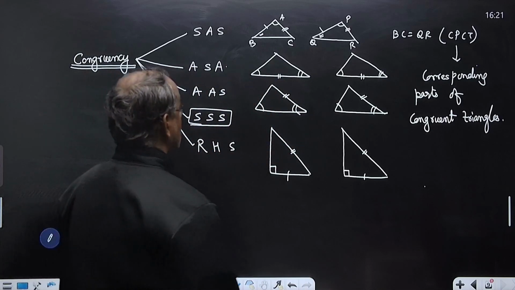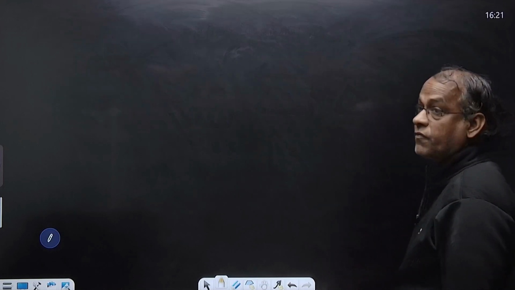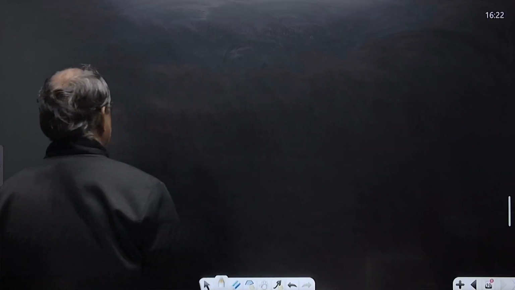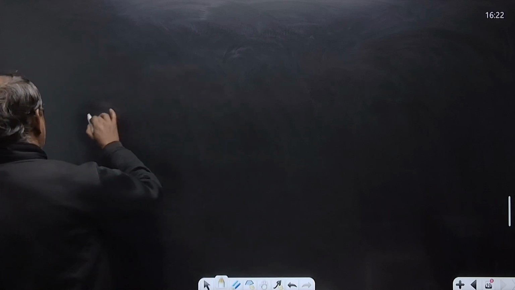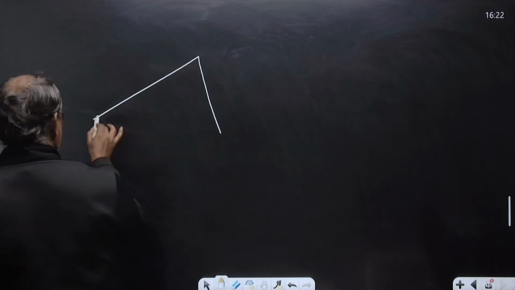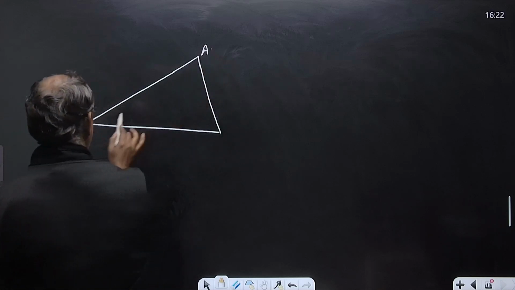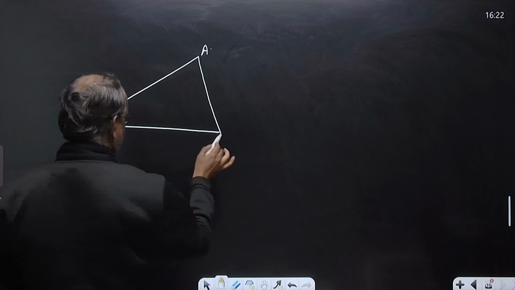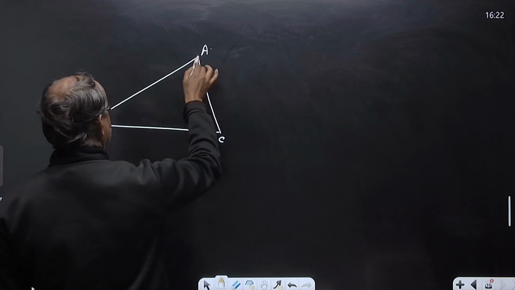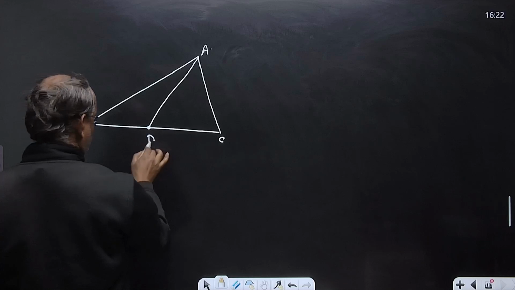Now, how do we utilize a bit of it? Suppose I draw a triangle ABC, and say I draw a line AD.